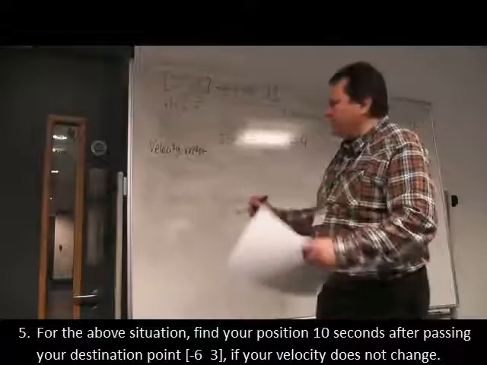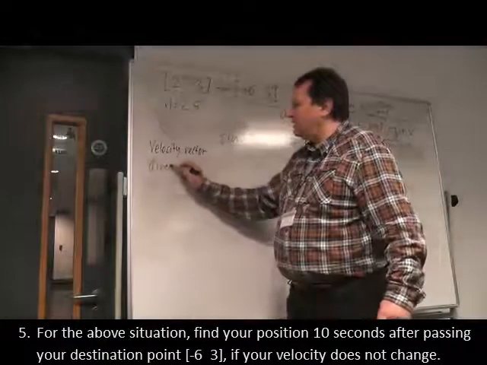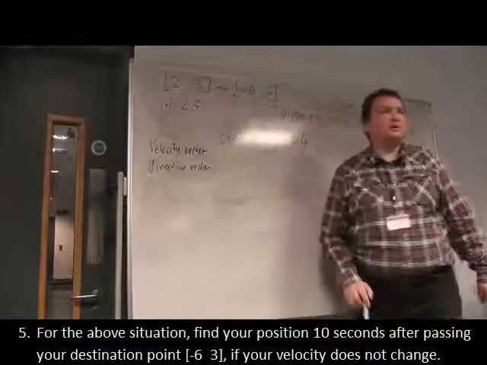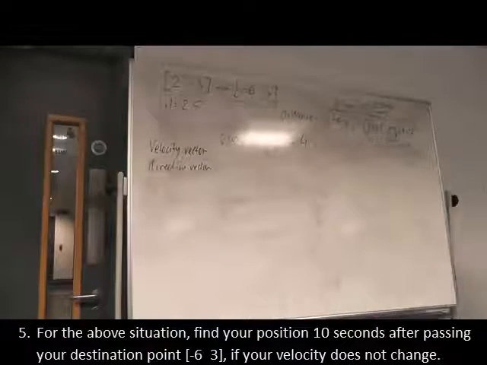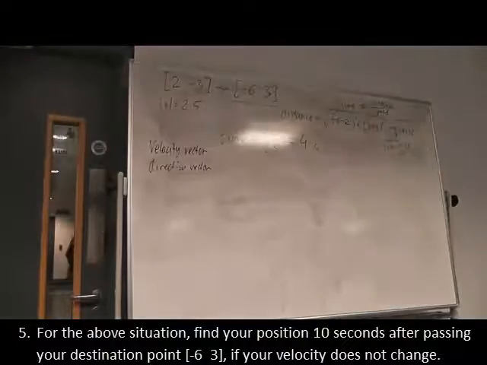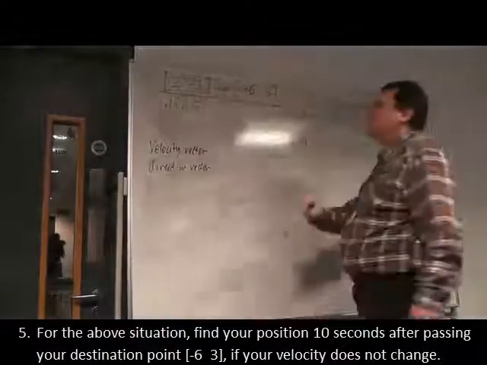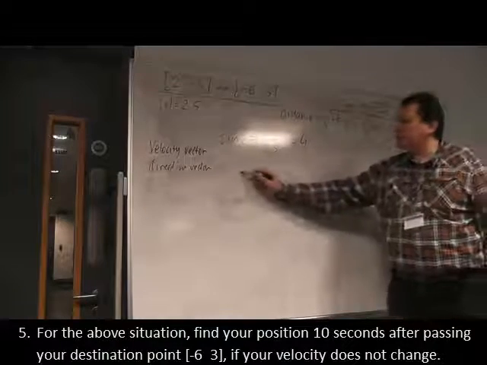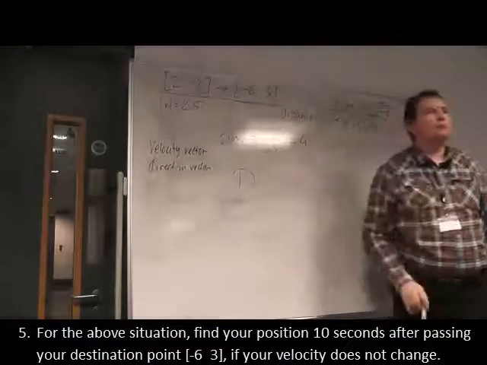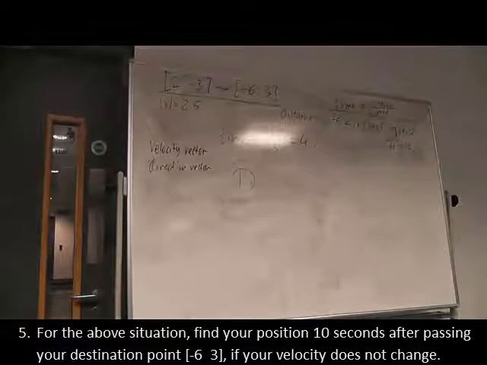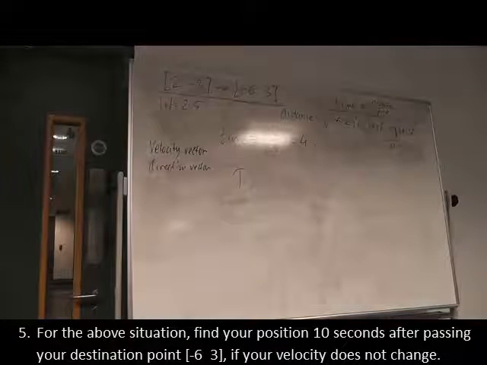To get the velocity vector, we will need to find the direction vector. And for the direction vector, we have everything that we really need. We can calculate something that is called the displacement vector. Many of you have forgotten to calculate the displacement vector in the short test.